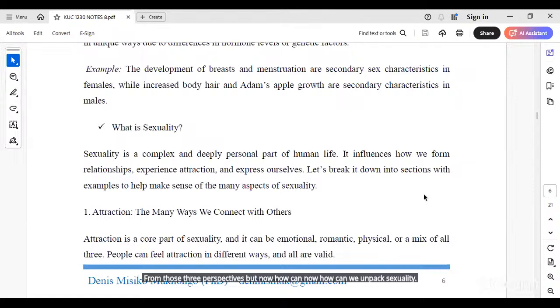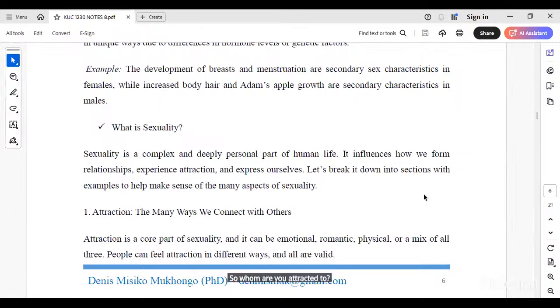Okay. So sexuality is a complex and deeply personal part of human life. Sexuality influences how we form relationships, how we experience attraction, and how we express ourselves. So whom are you attracted to?